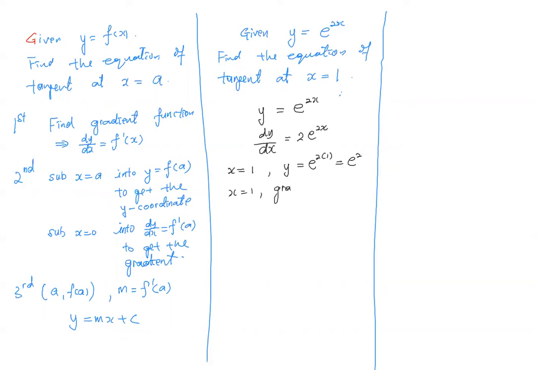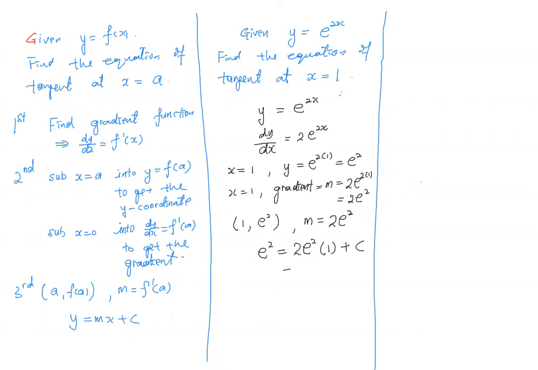Okay, my x equal to 1, my gradient. So I will write as gradient, m, will be equal to 2 e to the power of 2 times 1. So it's 2 times of e squared. So I got the point. I got the gradient. So I sub into y equal to mx plus c.